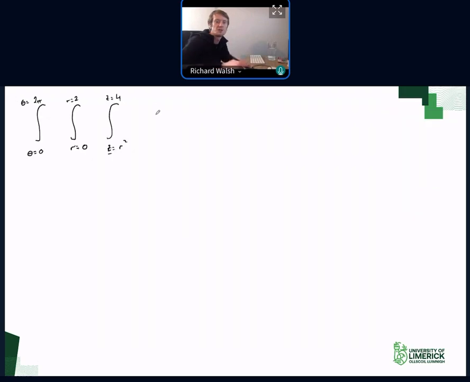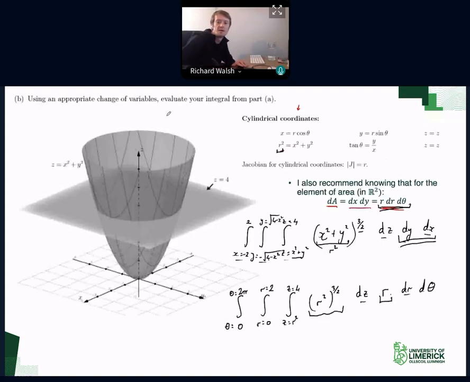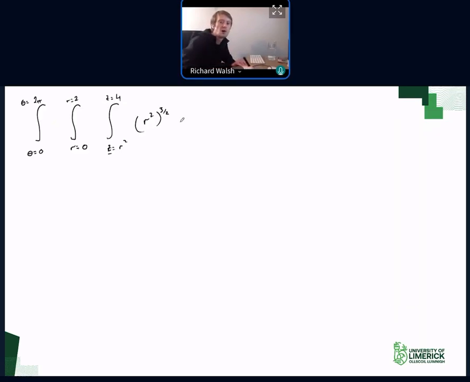We have r squared to the 3 over 2. And remember, there was another r there. When I replace dy dx with r dr d theta, there's another r to include. And we had dz, dr, and d theta. So I'll simplify this. R squared to the 3 over 2.